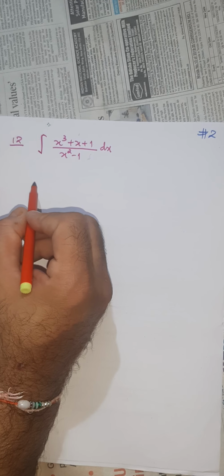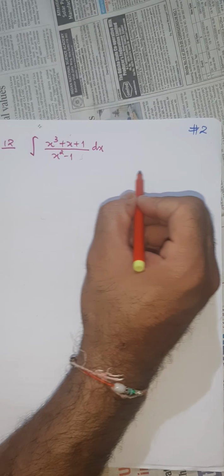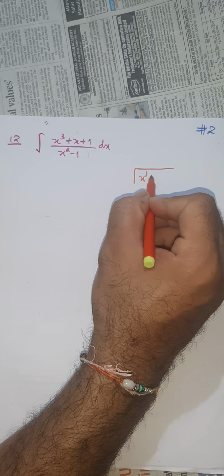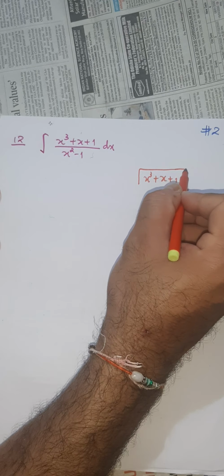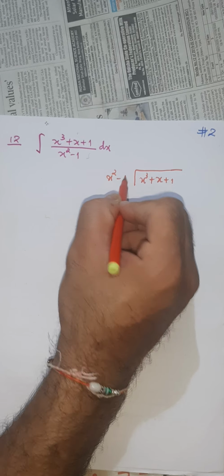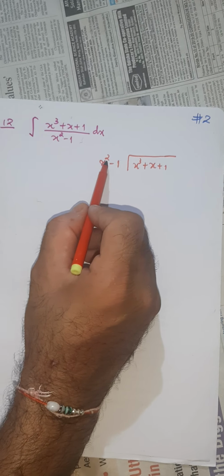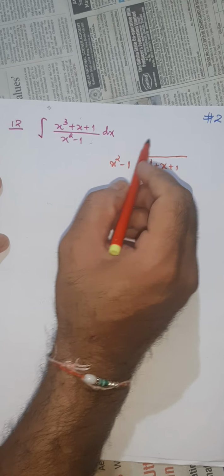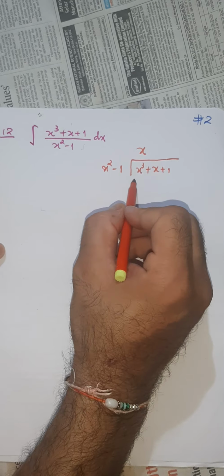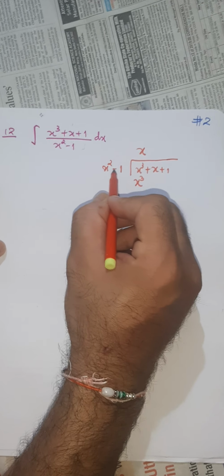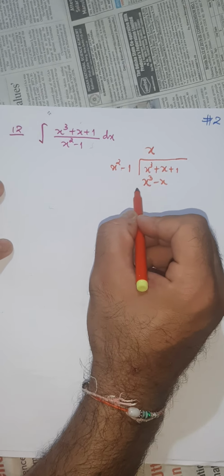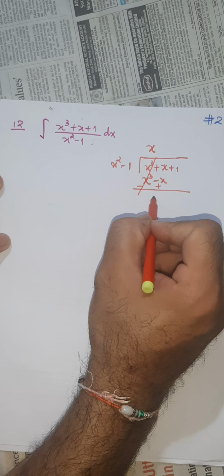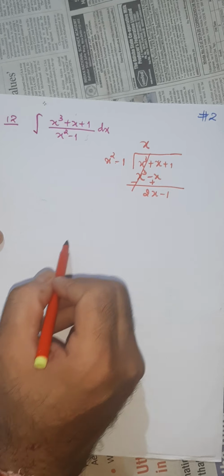Now here one way is you can do actual division, division of one polynomial by the other. x cube plus x plus 1 is divided by x square minus 1. Here I have x square, I need x cube, so I'll multiply this by x. So this becomes x cube minus x. I'll change the sign, so here minus plus, this will get cancelled. This is 2x plus 1... this is 2x minus 1.